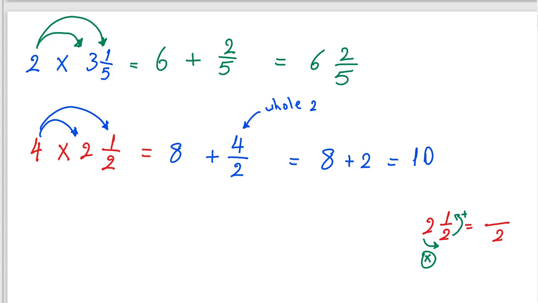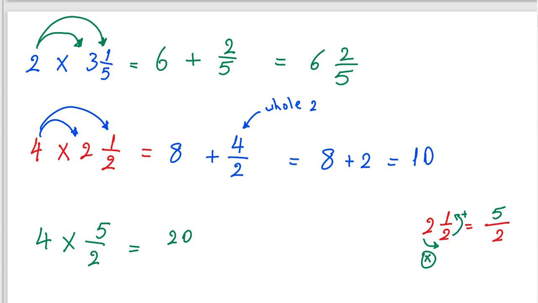So 2 times 2 is 4, 4 plus 1 is 5, so 5 halves. Okay, to do this, I will multiply 4 times 5 halves, and I will get the same answer, 10. 5 times 4 equals 20.